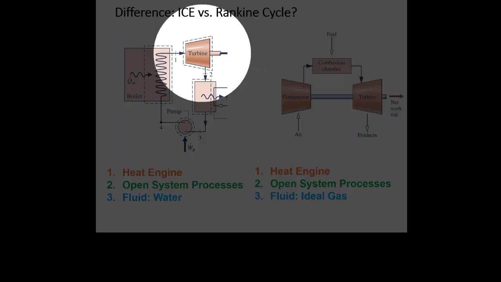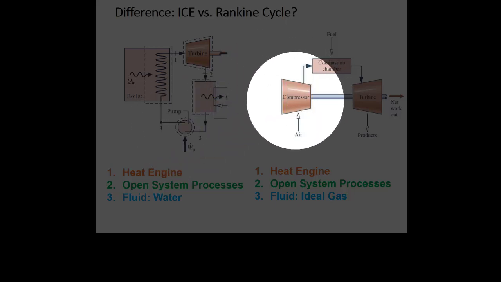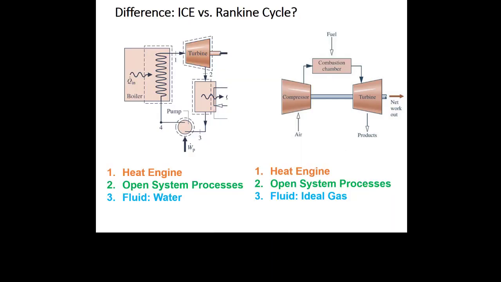But just like a Rankine cycle, remember we had a real pump and an ideal pump? Well, I can have a real compressor and an ideal compressor, so I could give you some kind of isentropic efficiency here, right? And I can have a real turbine and an ideal turbine. So those isentropic relationships are still going to be important, because when we do the first law, we find that the compressor and the turbine are probably going to be isentropic if they're ideal, right?